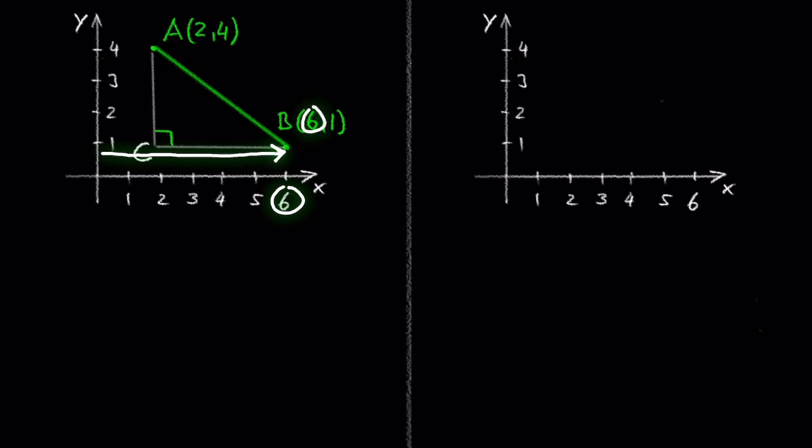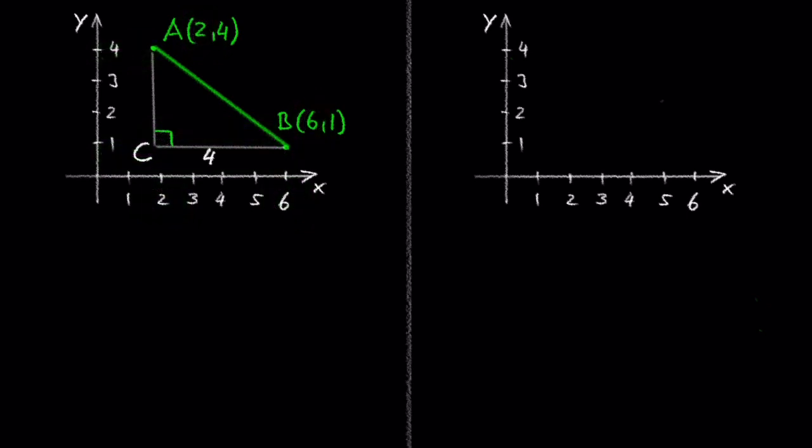And the distance from the y-axis to point A is 2. So the distance from point C to point B is 6 minus 2, which is 4. Does that make sense? You can check this by adding 2 to 4, which is 6.